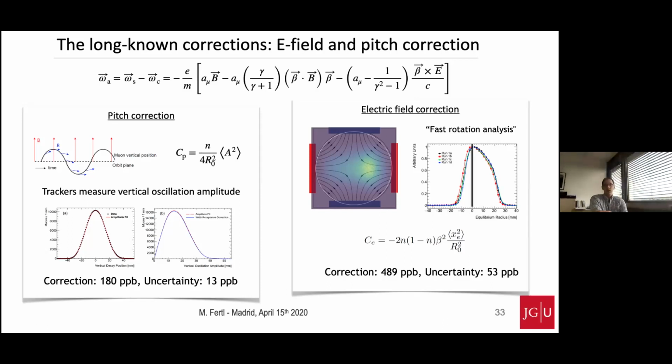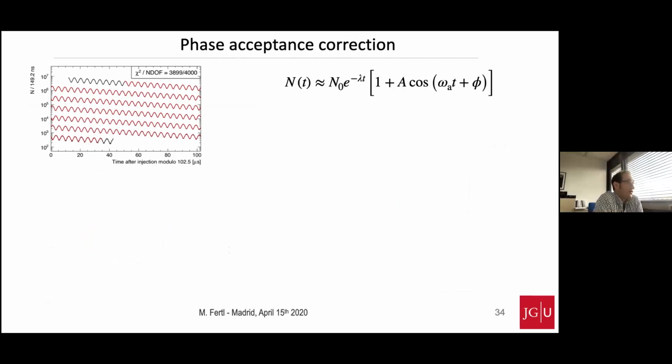The next correction I want to talk about is actually the phase acceptance correction. So if we go back to look at this Fertl plot, then we can just, for the sake of the argument, take this simple fit function of an exponential decay that is modulated with an amplitude A at a frequency omega and a certain phase. The phase is initially arbitrary, it's just a fit parameter.